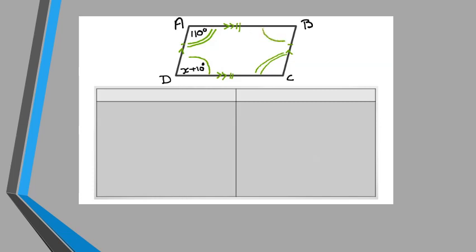So let's take a pencil now and fill in the information. If A is 110, it means that angle C also has to be 110 degrees. If D is x plus 10, it means that B also has to be x plus 10 degrees.